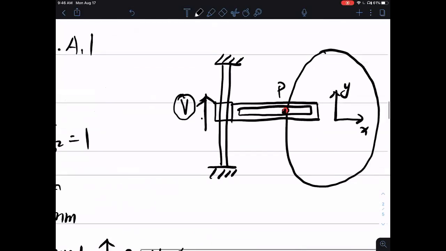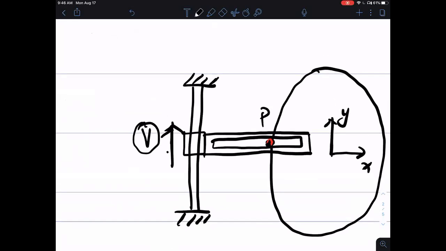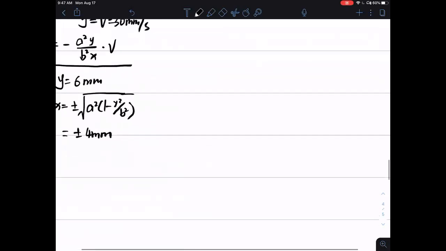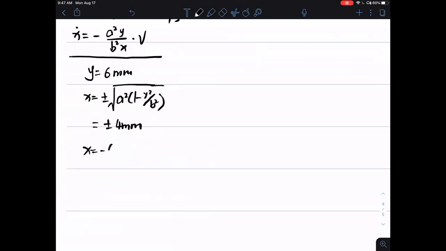If you go back to the drawings, you realize particle P can only move on the negative side of x direction. When y equals 6 millimeters, somewhere around here, there are two possible points on this ring. One is right here, one is on this side. Particle P can only be on the negative side of x. That's why we take negative 4 millimeters. X equals negative 4 millimeters.